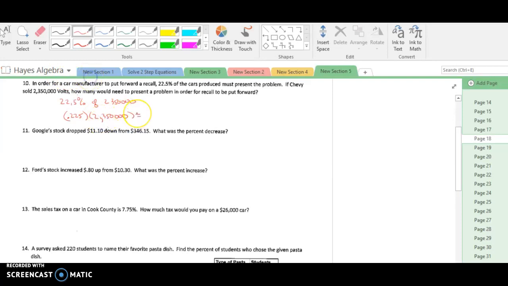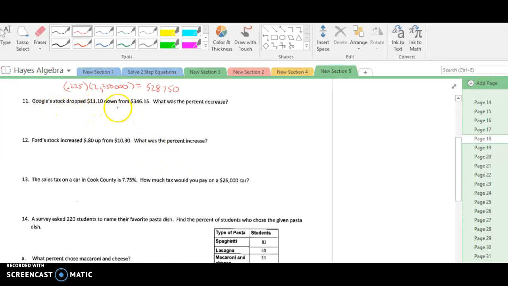And when we multiply 0.225 times 2,350,000, you'd have to have 528,750 cars present the same problem in order for a recall to be called. Okay.